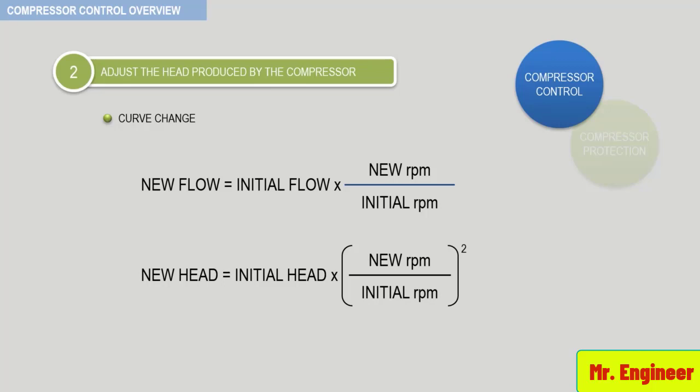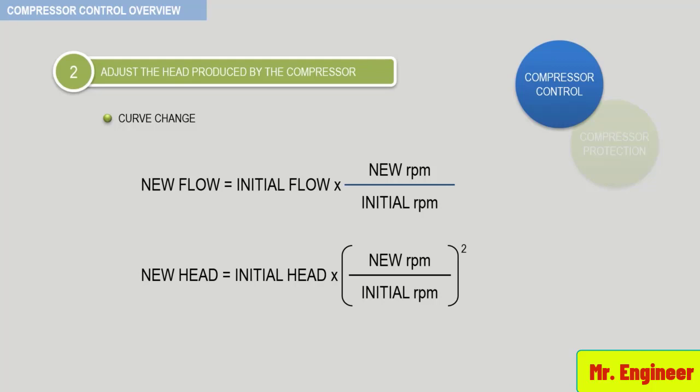The speed change of the compressor can be accomplished with variable speed turbines, variable speed drives, and variable speed motors. Variable speed motors are becoming more popular as capital investment costs for variable frequency motors are reducing.